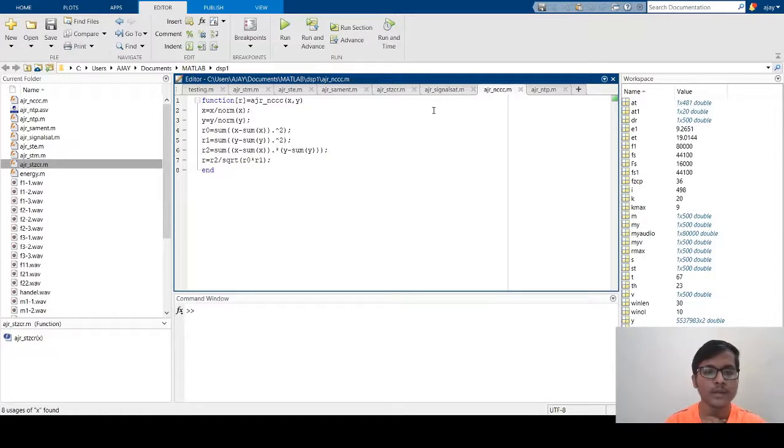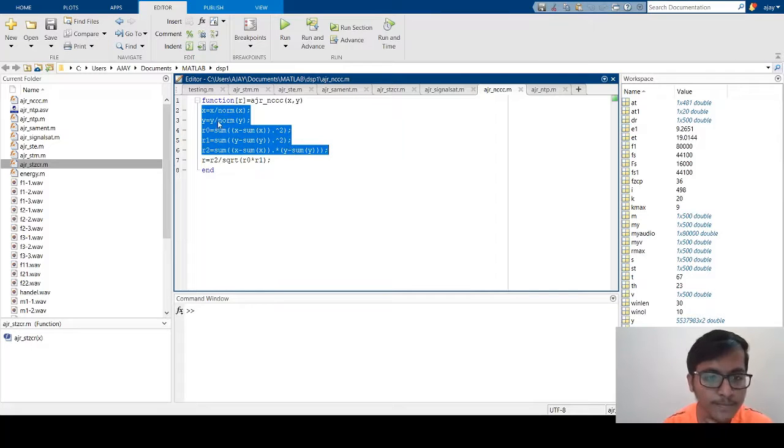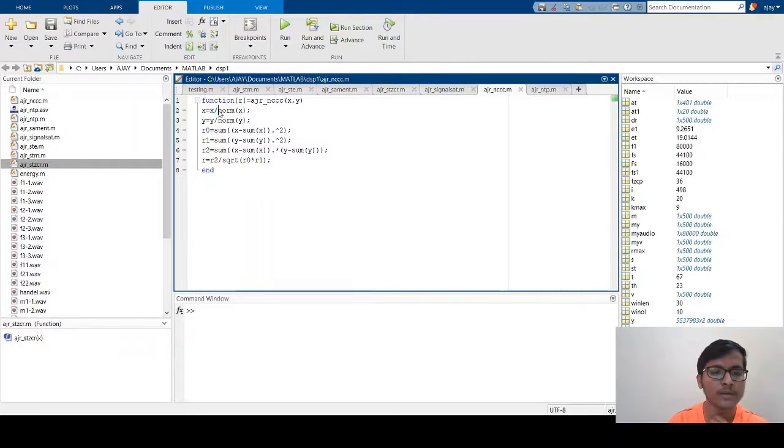Next, normalized cross correlation coefficients of two signals, where x and y are the two signals. Here I am converting the formula into this algorithm such that we get the cross correlation coefficient. Here x equal to x by norm of x, where norm of x means normalization of x.